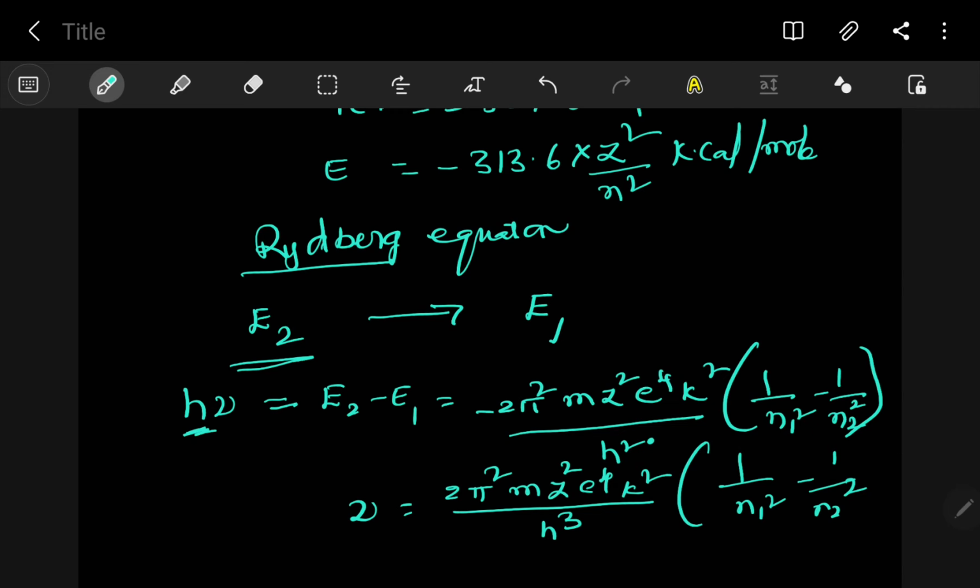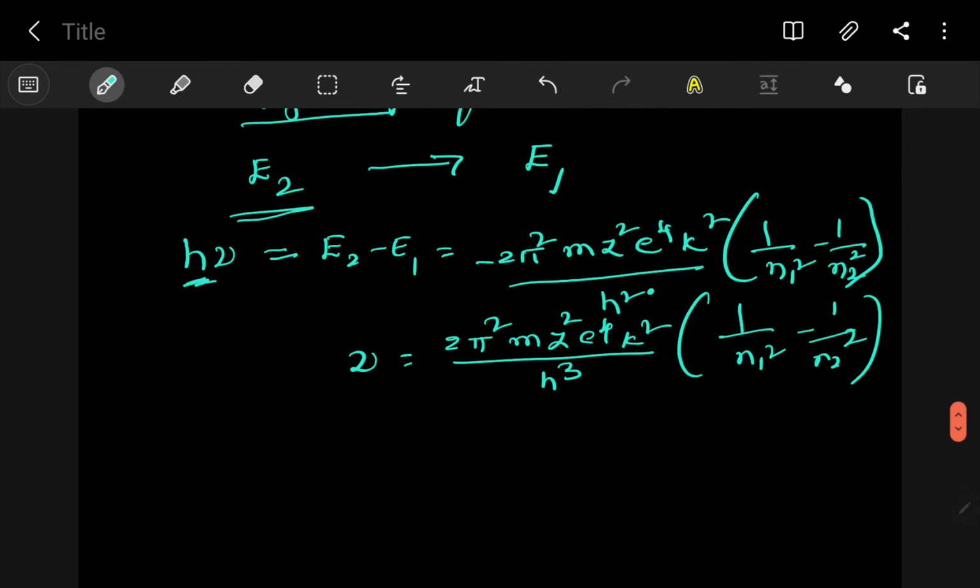And this is how Bohr calculated Rydberg's constant from the above equation, the Rydberg's equation. Here nu is equal to c by lambda, so we can write c into 1 by lambda, and 1 by lambda is nothing but nu bar.